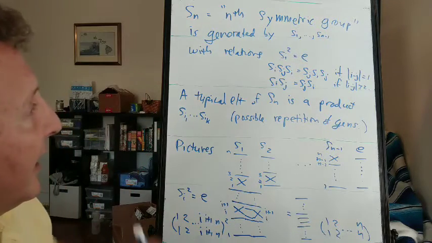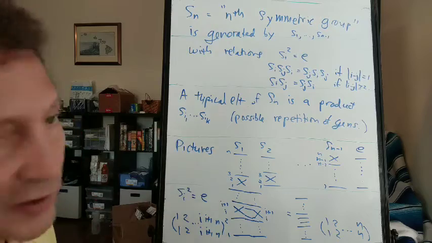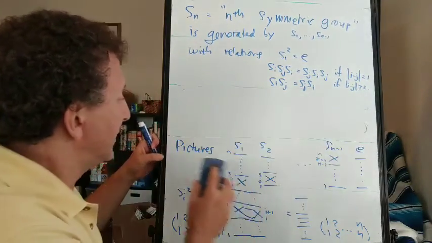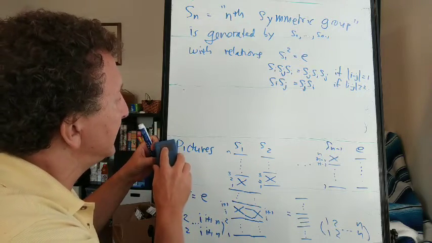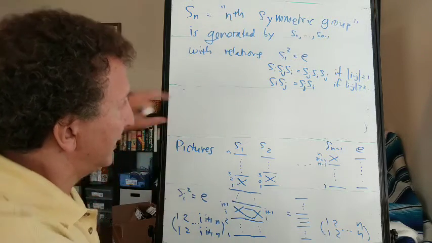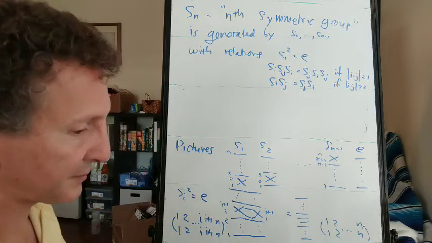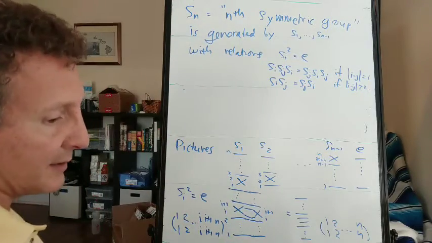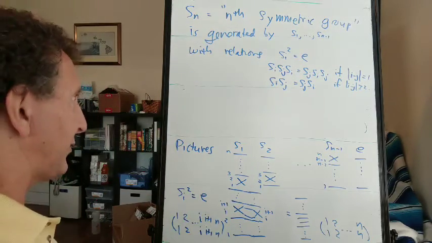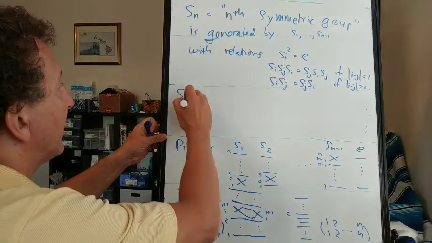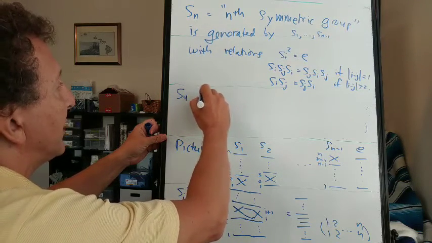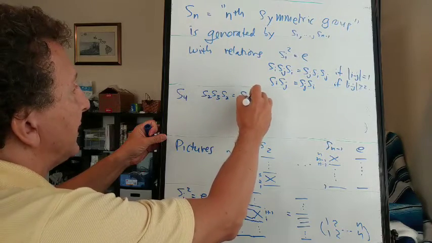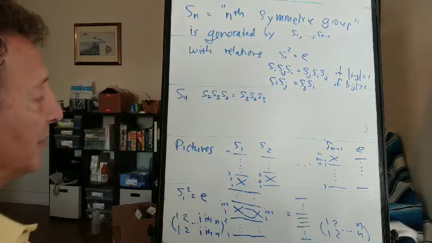So let's look at the second relation here called the braid relation. I'll try and do that in this space here. So maybe it'll be easier if I do it in S4. So we should have something like S2, S3, S2 equals S3, S2, S3, because these indices are exactly 1 apart.